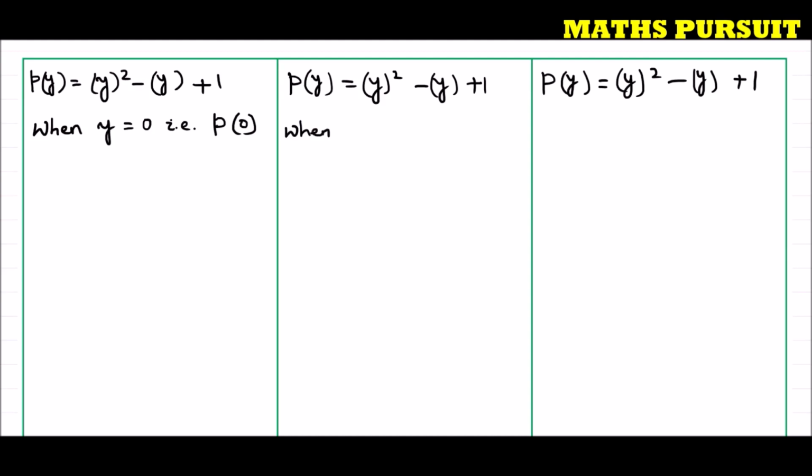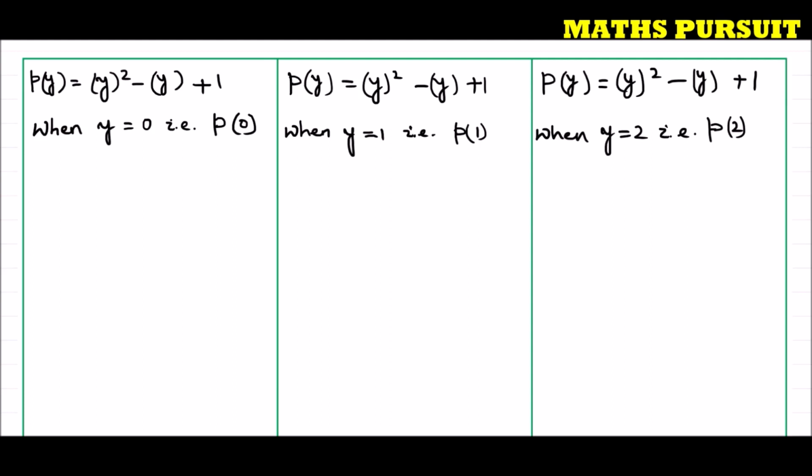Similarly here, when y is equal to 1, that is P(1). Similarly, when y is equal to 2, that is P(2). Hope guys I'm very clear till here. I'm doing it in a tabular form so that you people can understand easily and we can solve it quickly without making any errors.